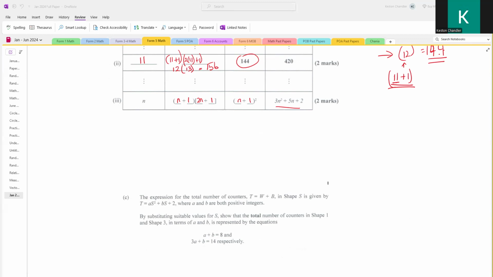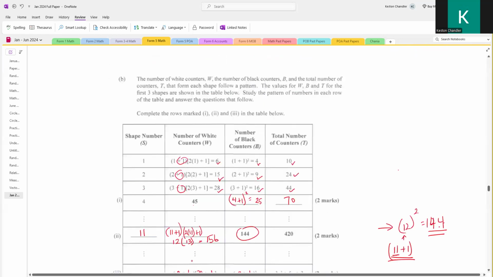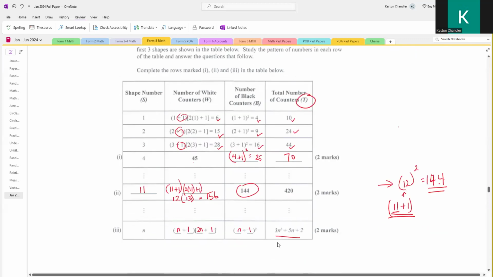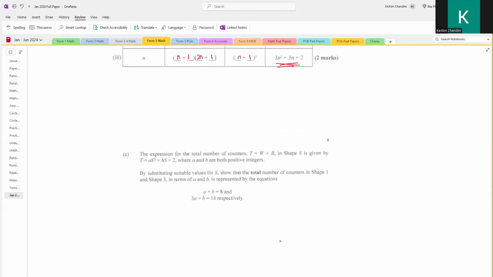All right, so look at this, right? Remember, this value for T is given by this formula here, right? So T is equal to 3n squared plus 5n plus 2.